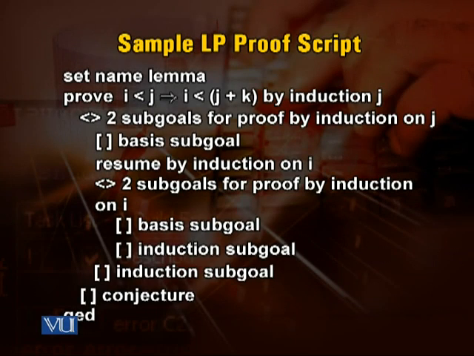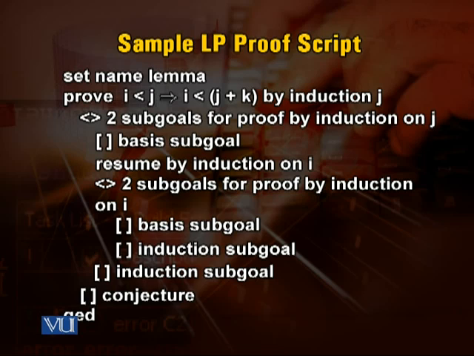Two subgoals for proof by induction on J. Basis subgoal, resumes by induction on I. Then once again diamond. Two subgoals for proof by induction on I. Basis subgoal, and then induction subgoal, and then the induction subgoal for the first part of the first subgoal, and then we have the conjecture, and then finally QED.